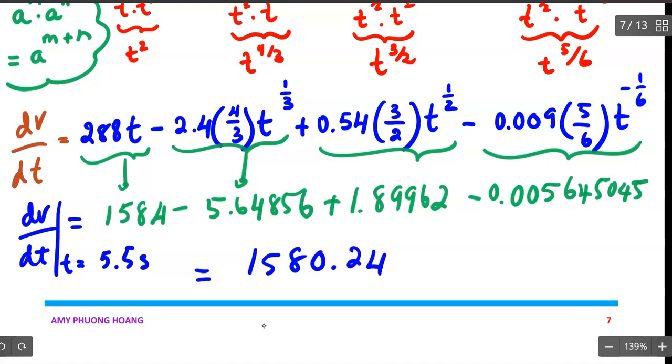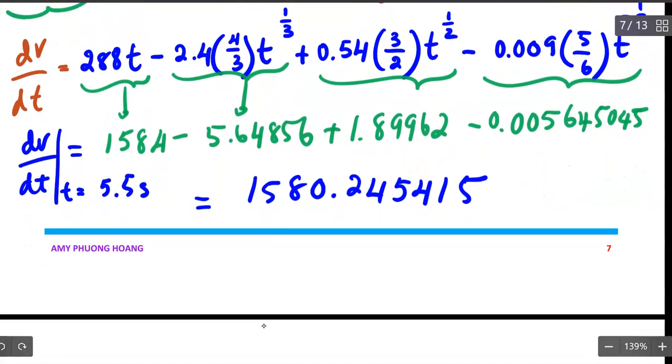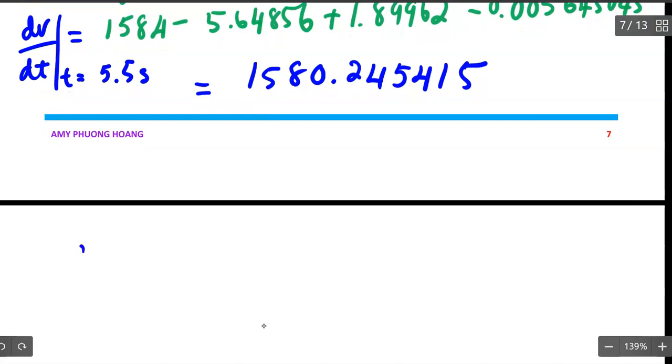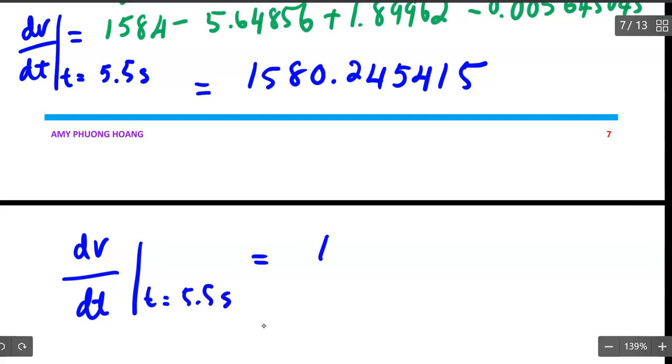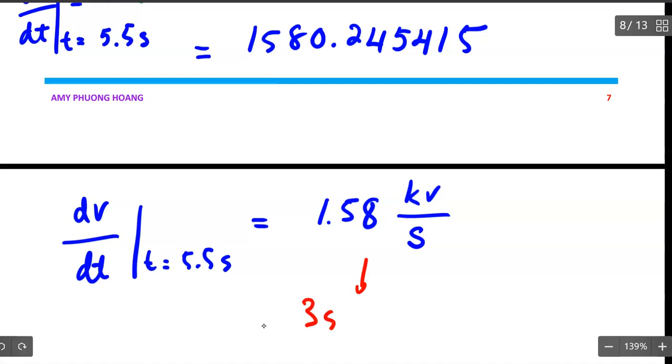In the end, the final answer should be 245415. In engineering notation, at t equal to 5.5 seconds, I should have 1.58 kilovolts per second, in 3 significant digits, and in engineering notation as well.